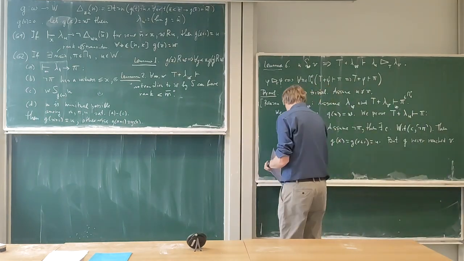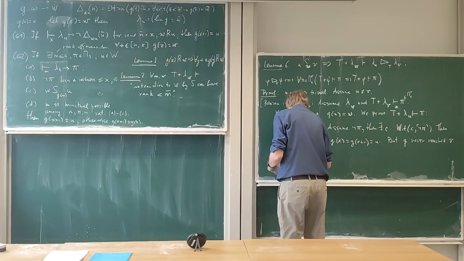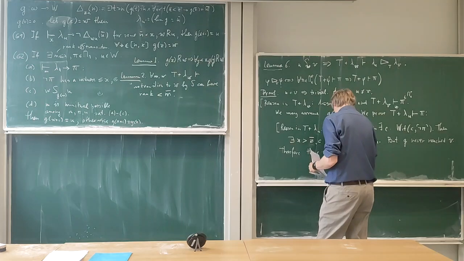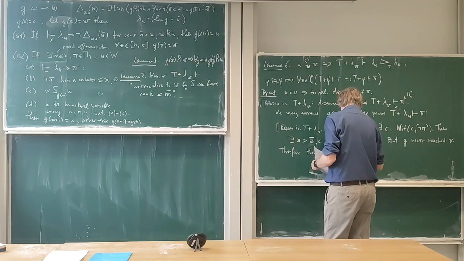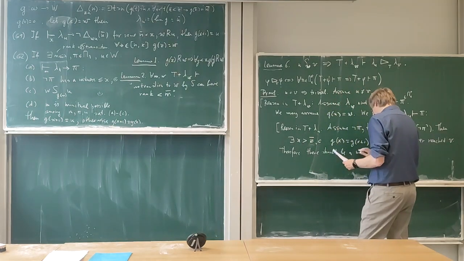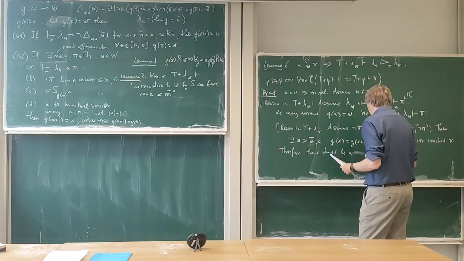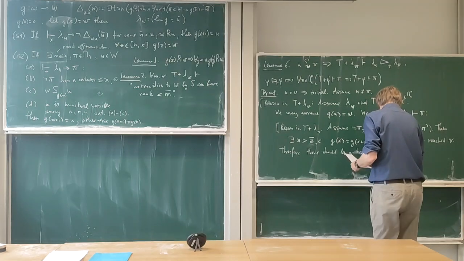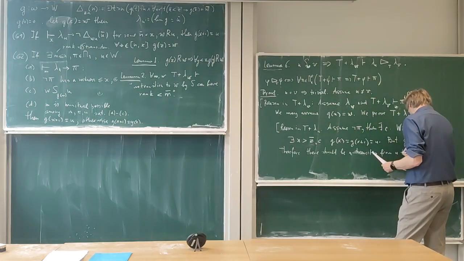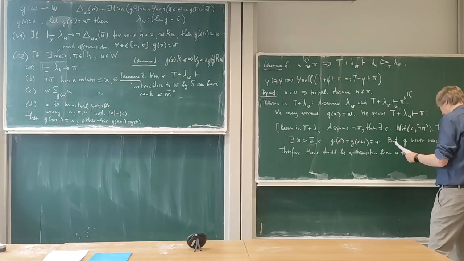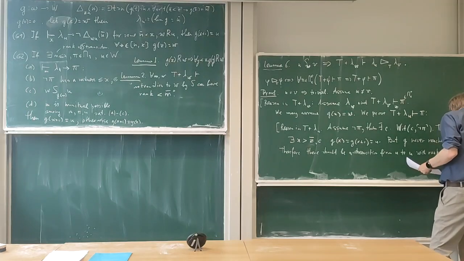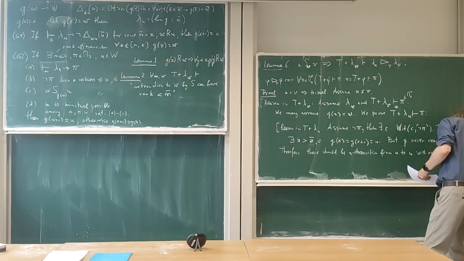This means, therefore, there should be a move or a transition from u to u with rank less than our number z.